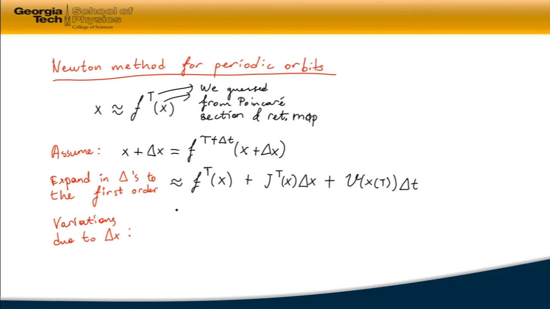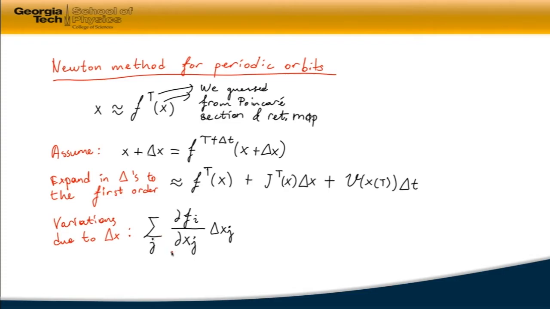So the variation in the ith element of the flow function with respect to variations in x is going to be its partial derivative of ith element of f with respect to jth element of state space vector times variation in the jth direction summed over j.